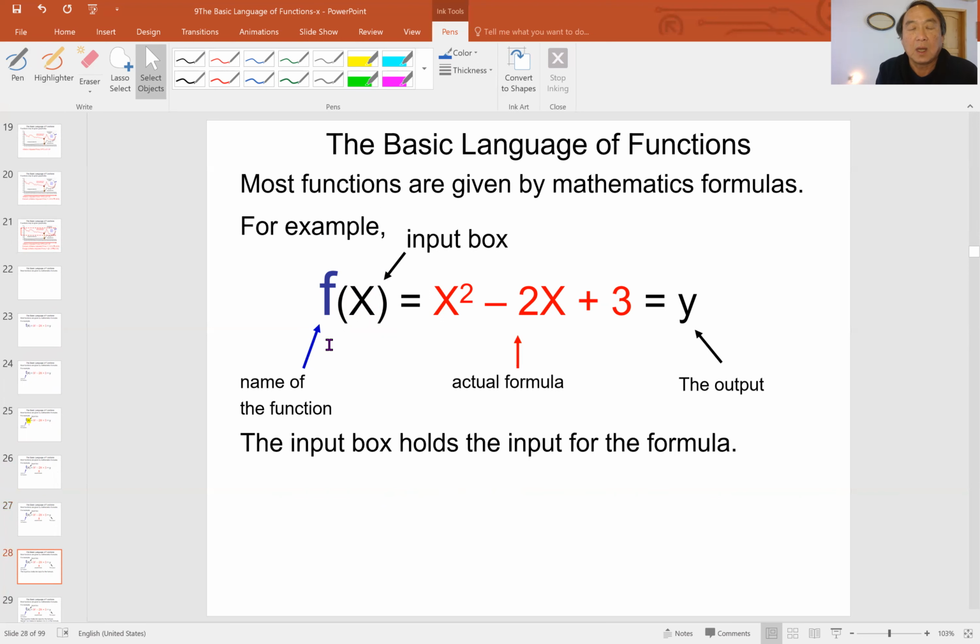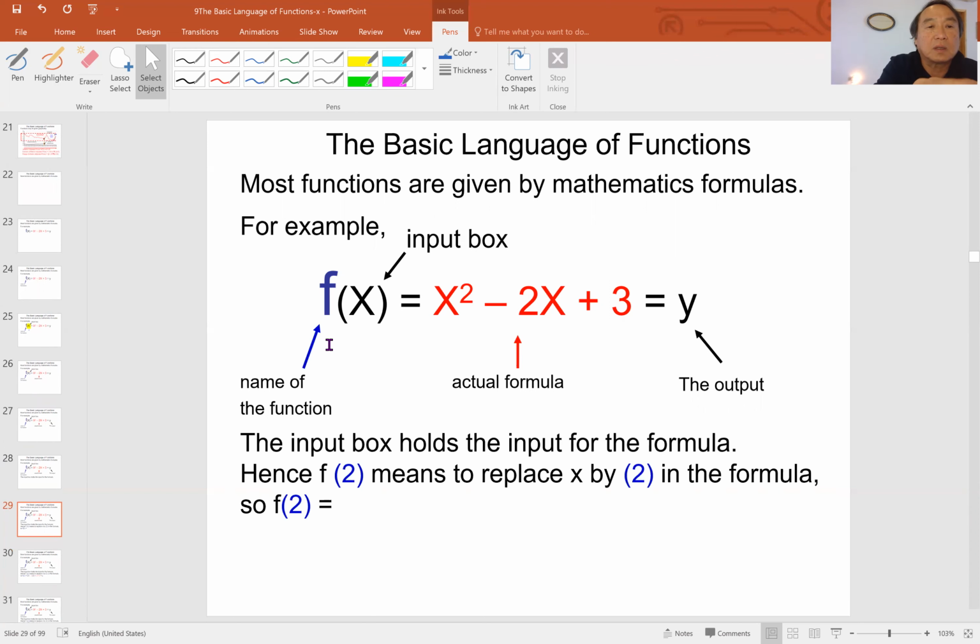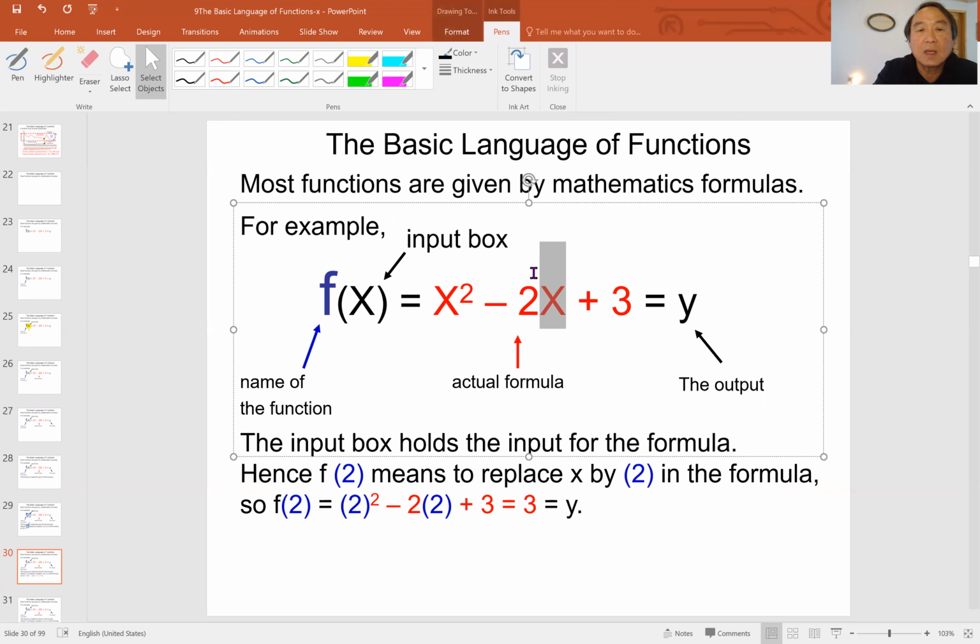So what does the input box hold? The input. What's the input? Well, here, suppose I put 2. You can think of the input box as holding an application form that I'm handing in to be processed. Everywhere in the formula where there is an x, you replace it by the input.